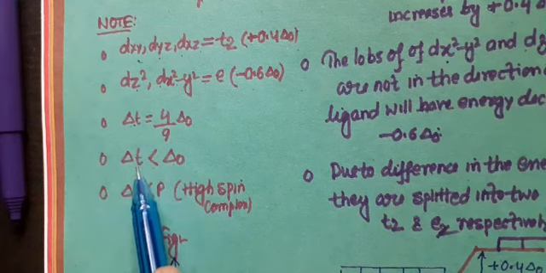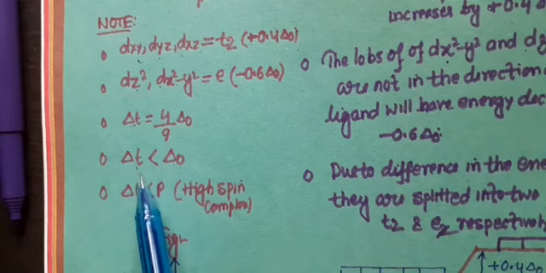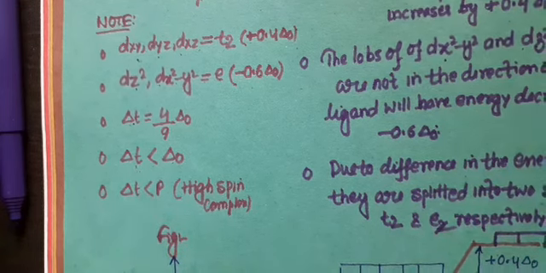Whereas in tetrahedral field 4 ligands are attached to the central metal ion and therefore the splitting is minimum.